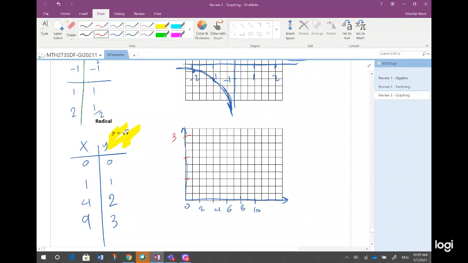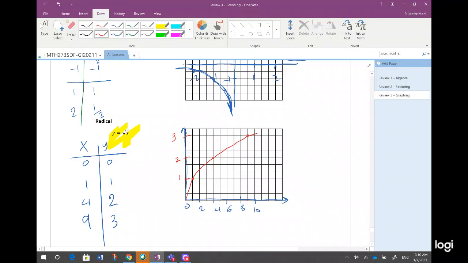If I do 9, it's 3. If I do 4, it's 2. 1, so 1 and 1. So that's 1 and 2, and 0, 0. So it looks like this.